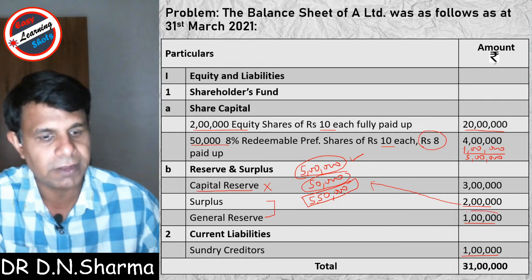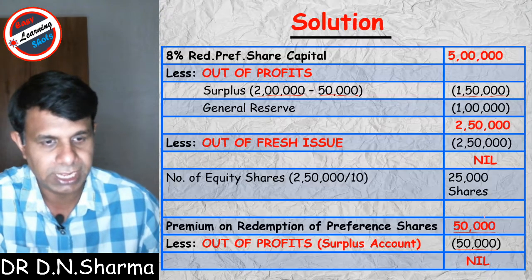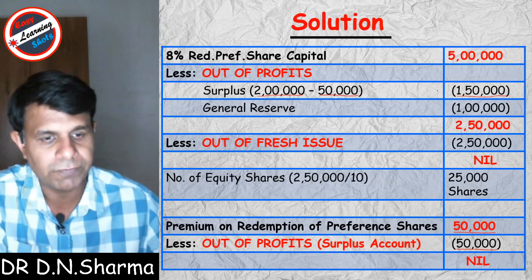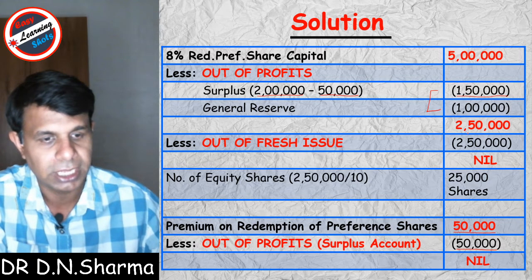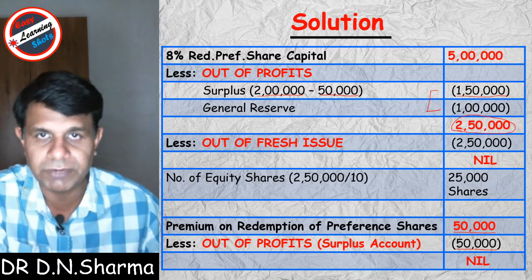In general reserve we have 1 lakh rupees, so from general reserve we take 1 lakh. So in out of profits we use 2,50,000, so the remaining amount in nominal capital of preference share is 2,50,000.